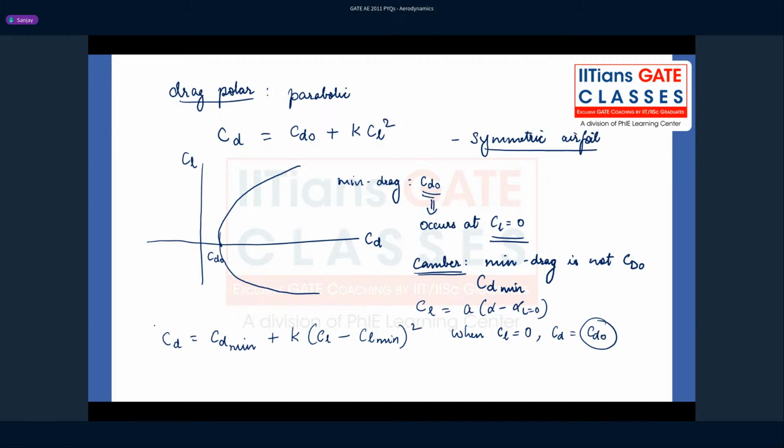So this is how your drag polar equation now looks, and this is for a cambered aerofoil.